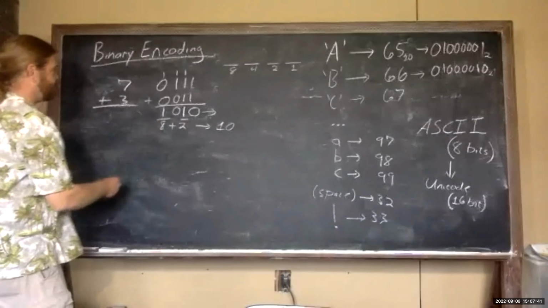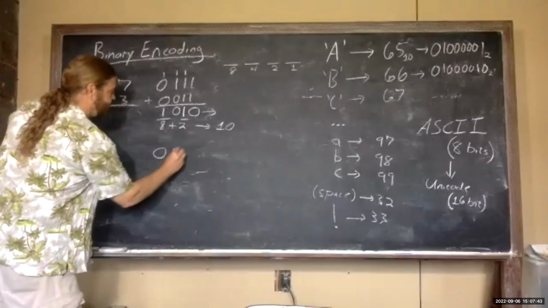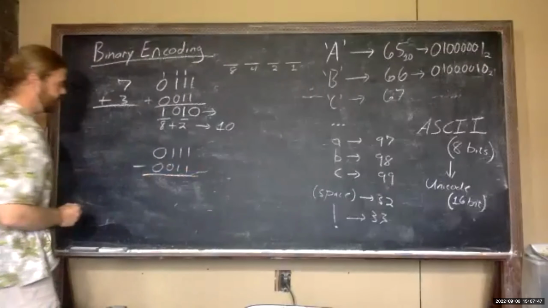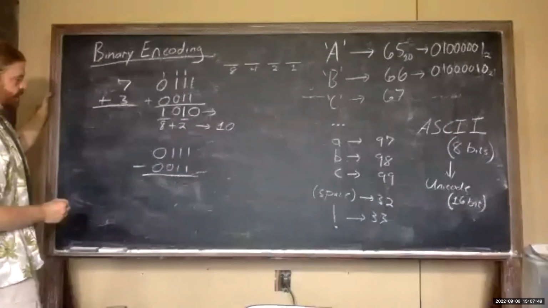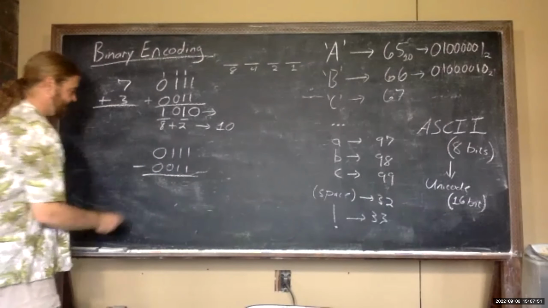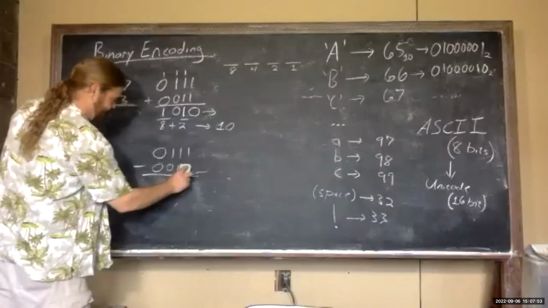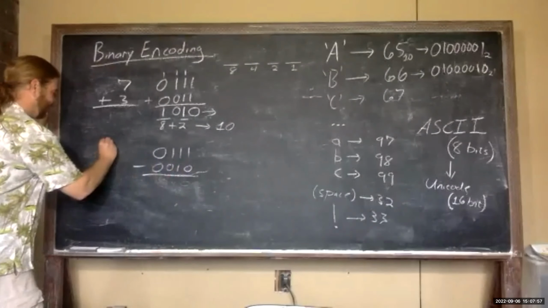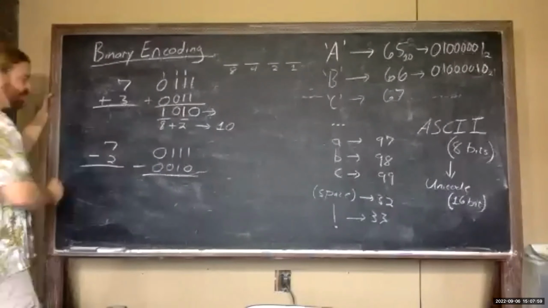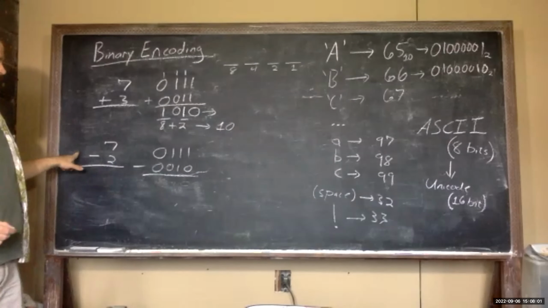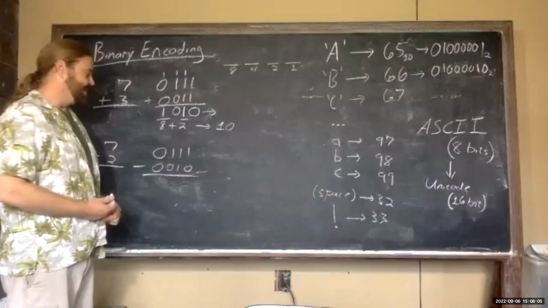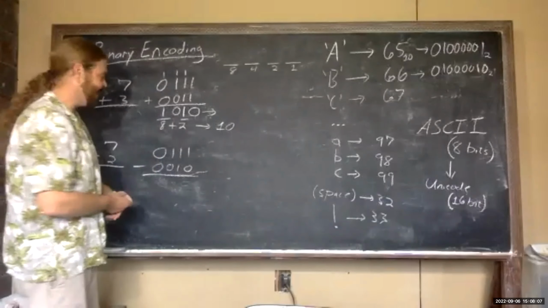Subtraction works the same way. I'll do the same numbers: 0, 1, 1, 1 minus 0, 0, 1, 1. Actually, I'm going to do 7 minus 2 here, so we can see something. 7 minus 3 was going to leave out the most important part in the pattern of subtracting.